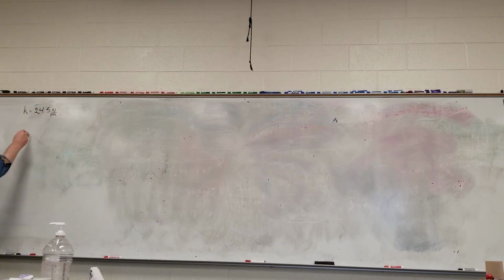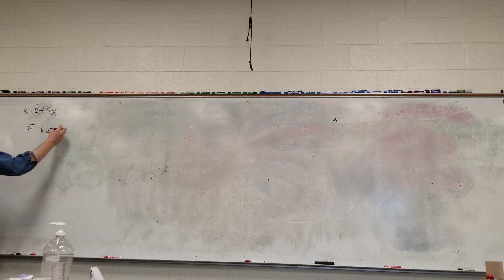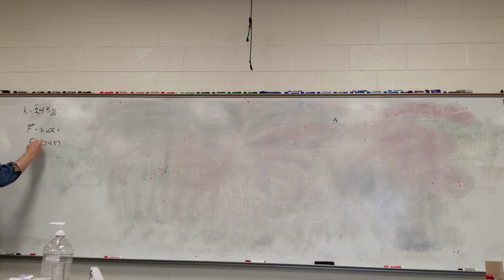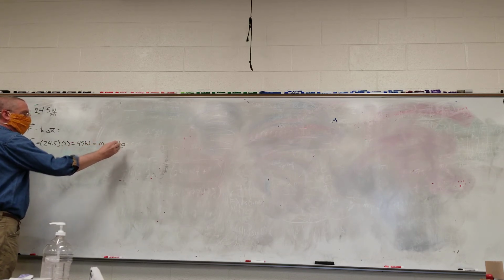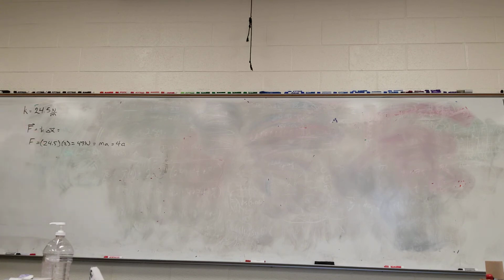When I'm at a maximum, the force being applied would have been k delta x. I guess technically negative since I have the vector symbols in there. The magnitude of the force is 24.5 times 2, or 49 newtons. And that's equal to the mass times acceleration, which is equal to 4 times a, because in the horizontal oscillation problem, it was 4 kilograms.